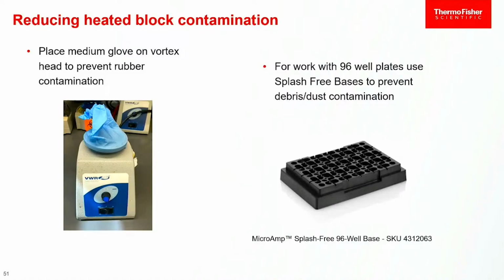That's really not good to have inside the instrument. So if you put your plate on there to vortex it after it's sealed, you can pick up the little black balls, and we don't want to put that in the instrument. So if you're going to vortex a plate, I like to have this as a protection. We're just protecting the head from the plate.